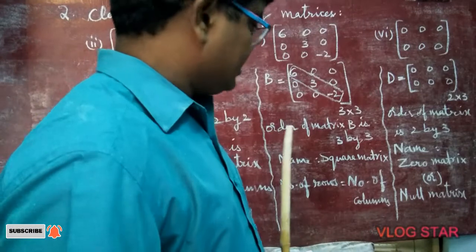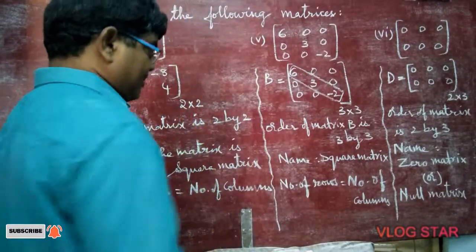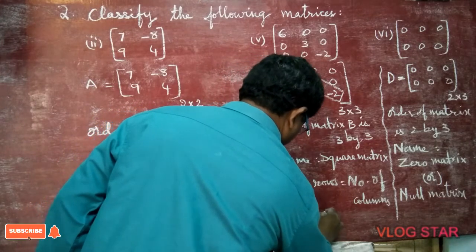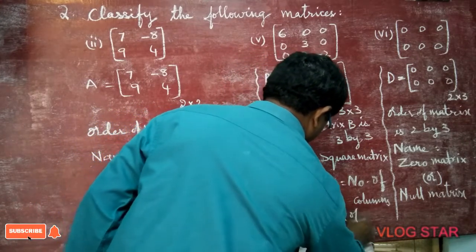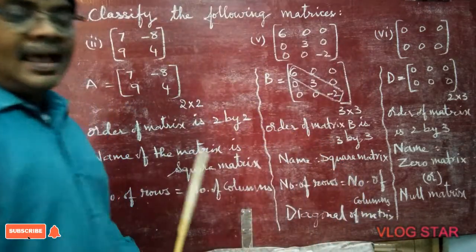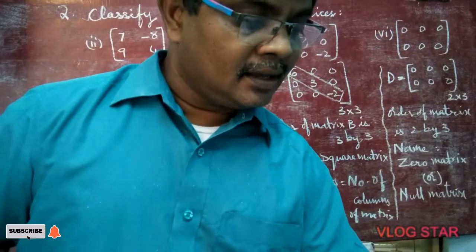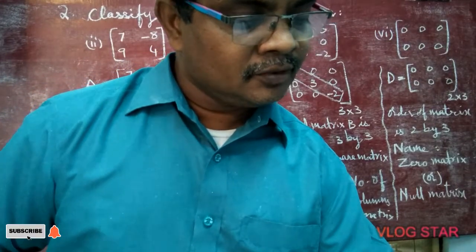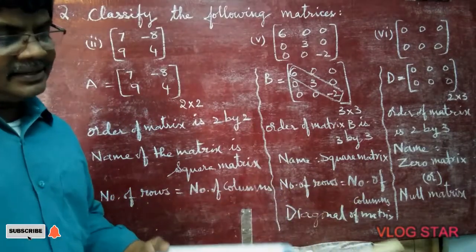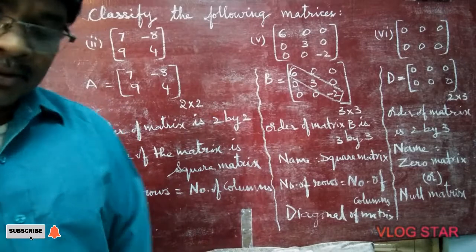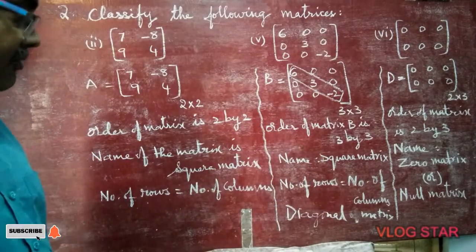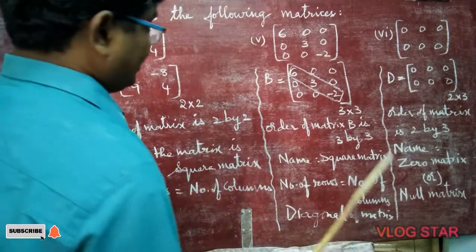Though it is a square matrix, it is also a diagonal matrix. In the types of matrices, it is the fifth one, diagonal matrix. So in one way it is square, in another it is diagonal.